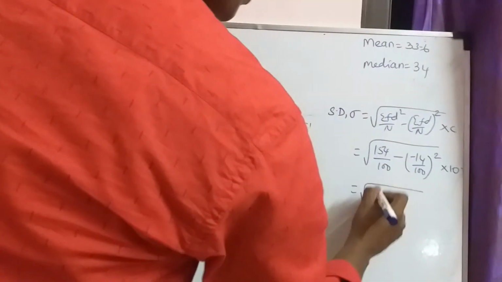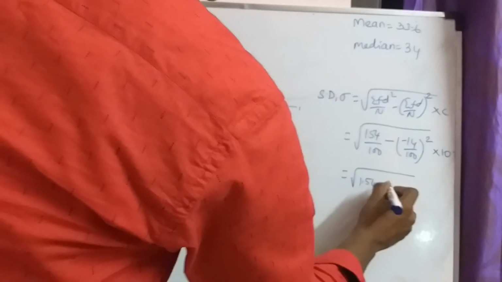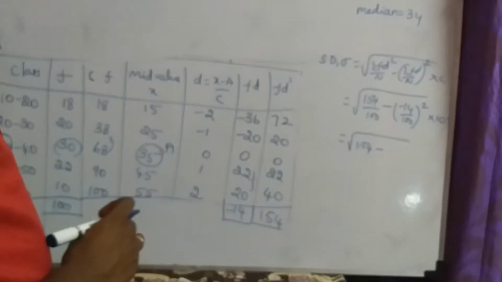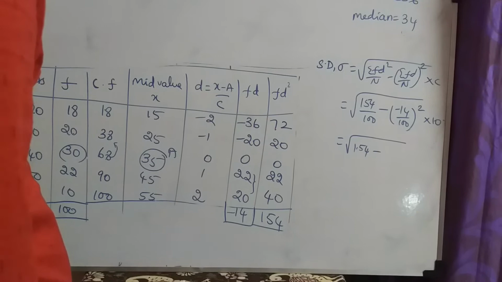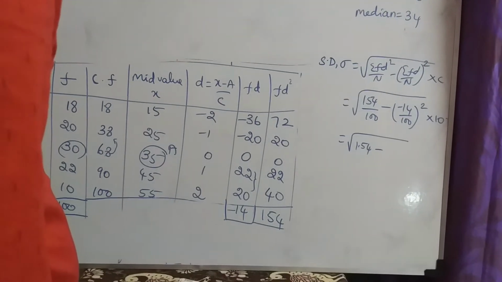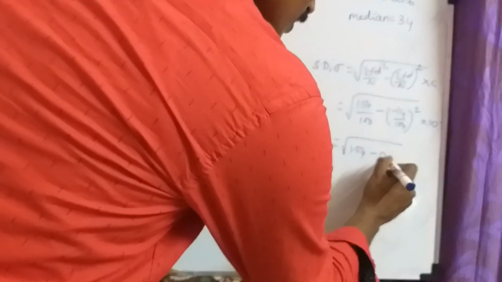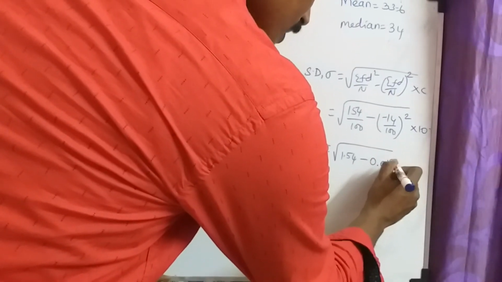This is 1.54 minus 0.14 into 0.14, which is 0.0196.